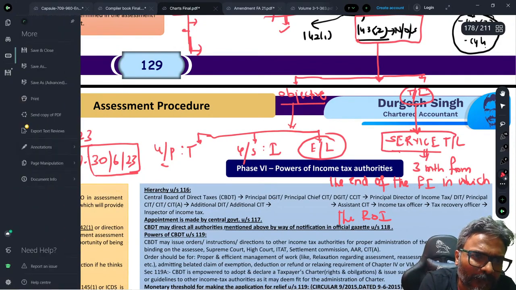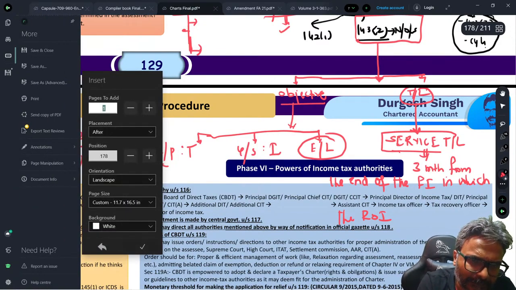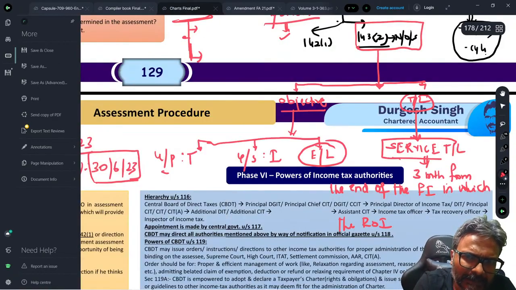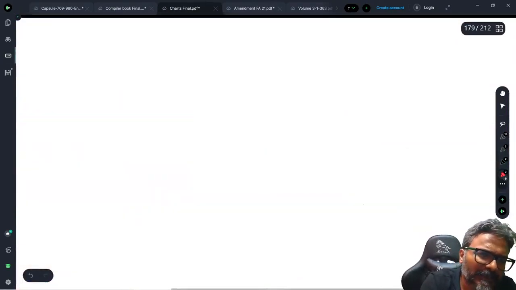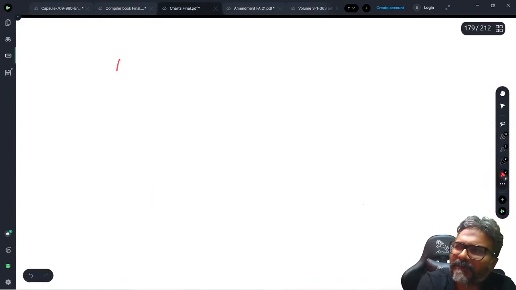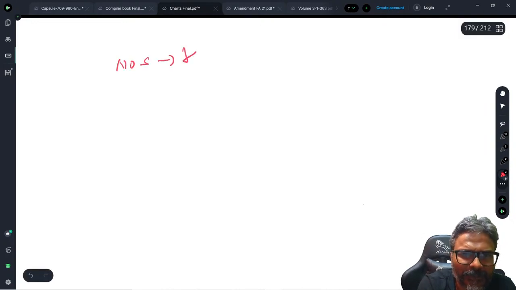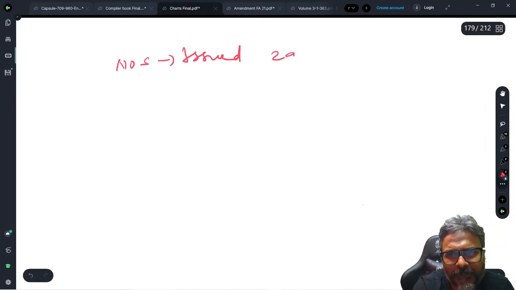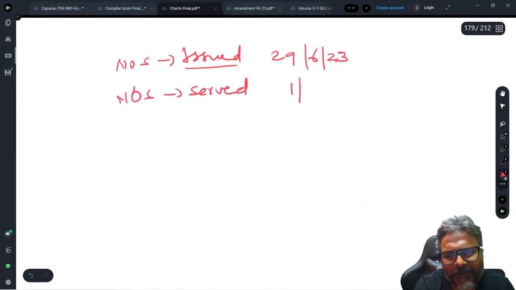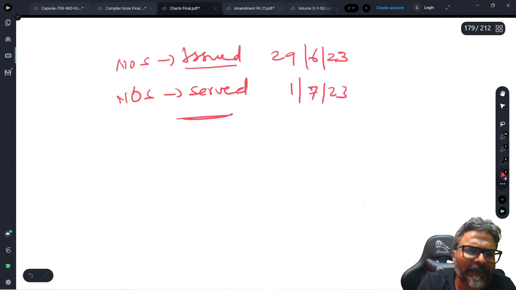One very popular example, which every one of you is aware of: supposing the notice of scrutiny has been issued on 29th of June 2023, meaning it was dispatched from the department on 29th of June. The same notice got served on 1st of July 2023.